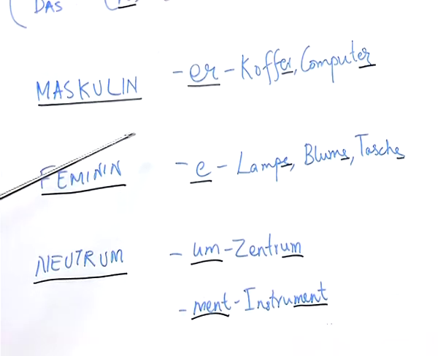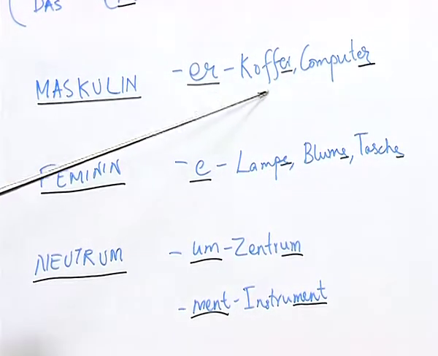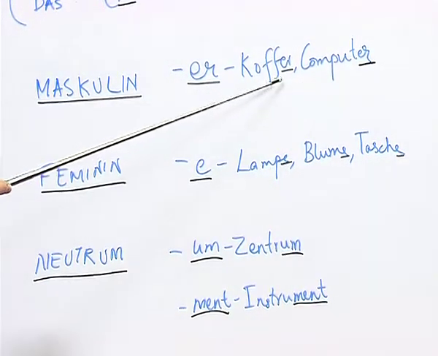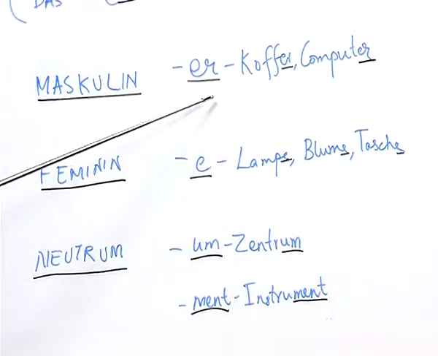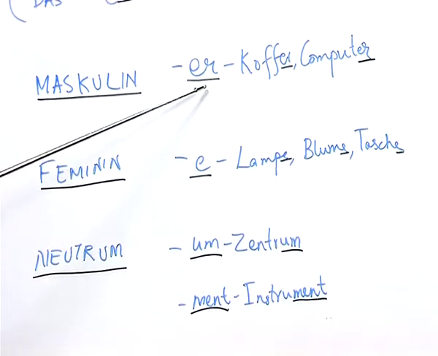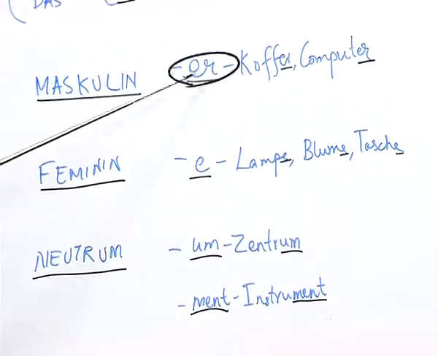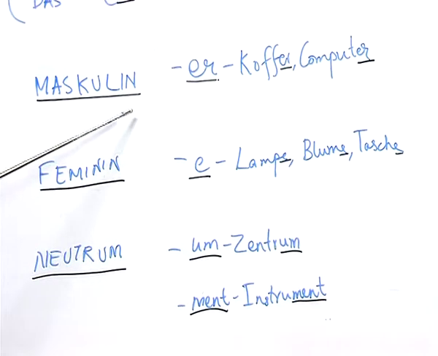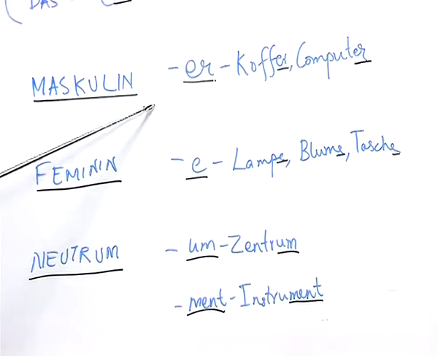For example, here we have nouns like Koffer, Computer, which end with -er. So, nouns which end with -er usually belong to the masculine gender. However, there are exceptions to this rule.